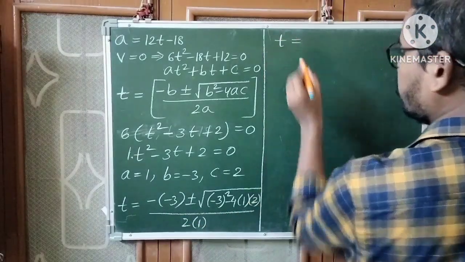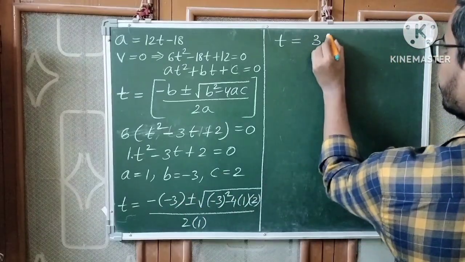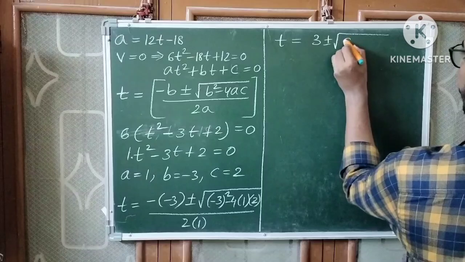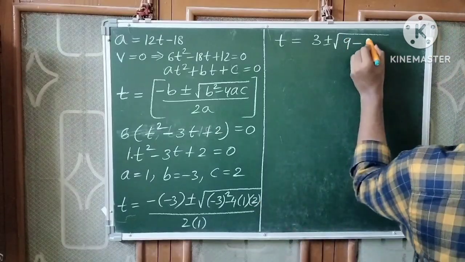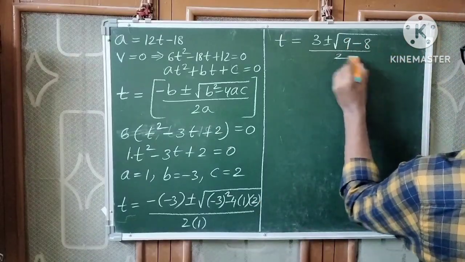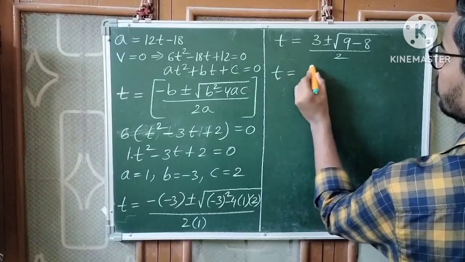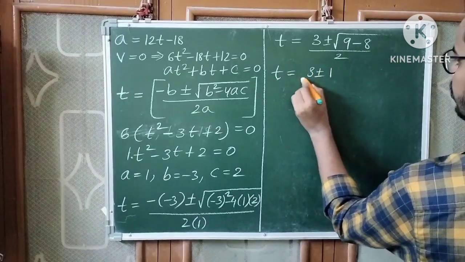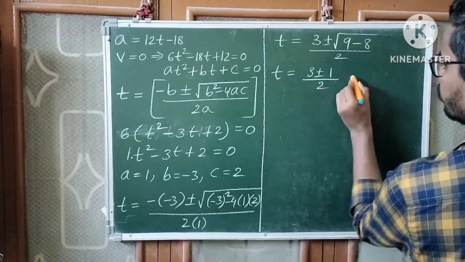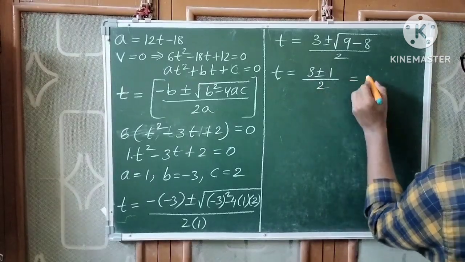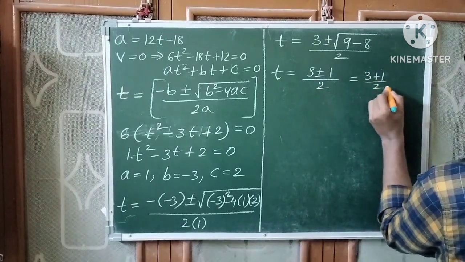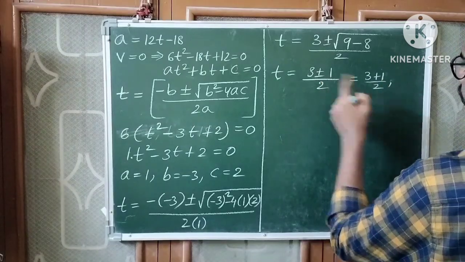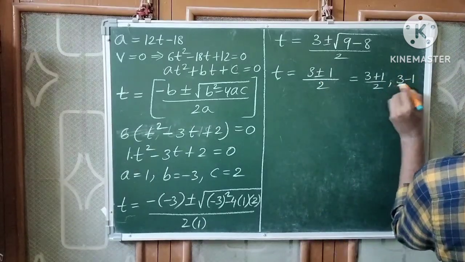Now t is equal to minus into minus is plus 3, plus or minus root over (-3) whole square is +9, minus 4 times 2 is 8, all divided by 2. So t = (3 ± √(9 - 8)) / 2, and root 1 value is 1. Right? So one time we can take the positive sign: (3 + 1)/2, and again we can take the negative sign: (3 - 1)/2.